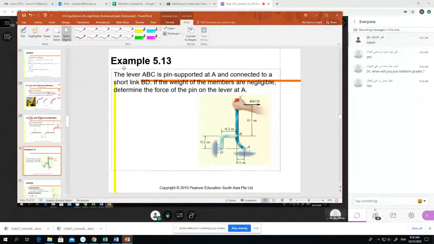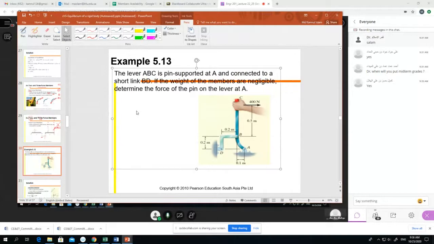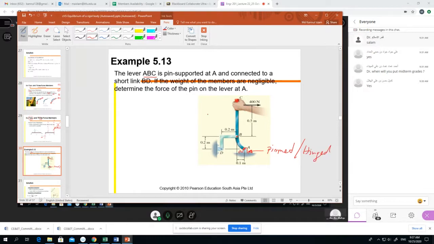Lever ABC. A, B, and C are pin supported. That means it is a pin or hinge. We told you before, a pin is like this picture. The lever is pin supported at A and connected to the short link BD.